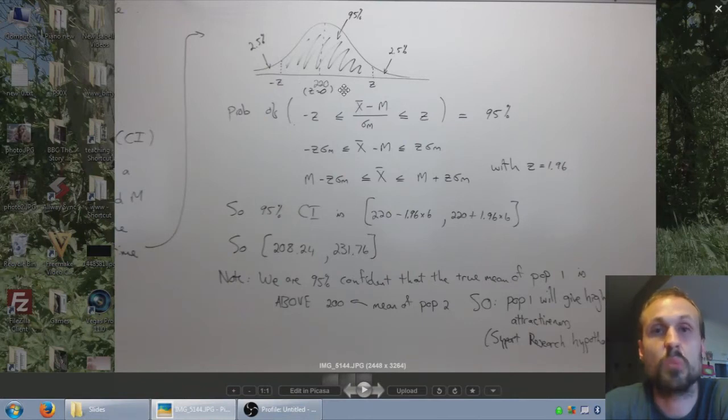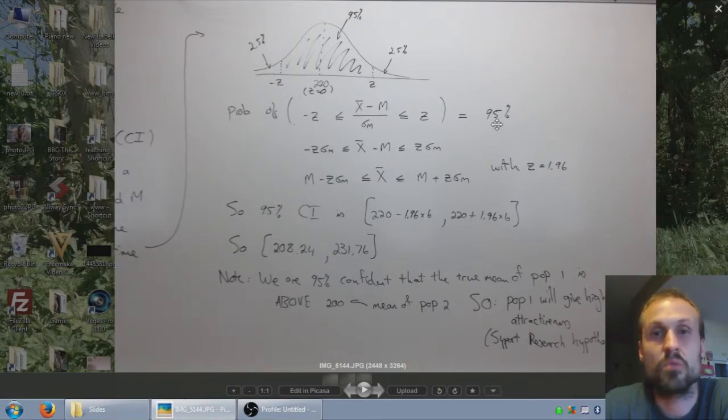In other words, the probability of finding a value is 95%, and then 2.5% in either tail, of course. So the probability that I'll fall between negative z and positive z should be 95%.